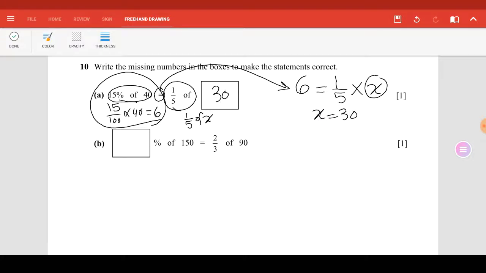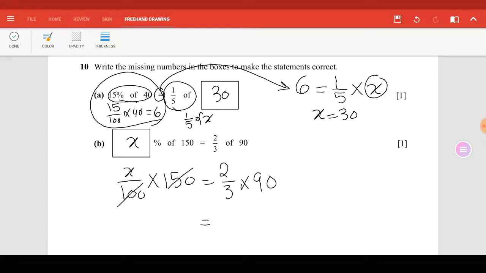Letter B, x over 100 multiplied by 150 equals 2 over 3 multiplied by 90. You can simplify, use your calculator, and then you can solve it as an equation. This is 3 over 2 x, and this is 2 over 3 multiply 90.